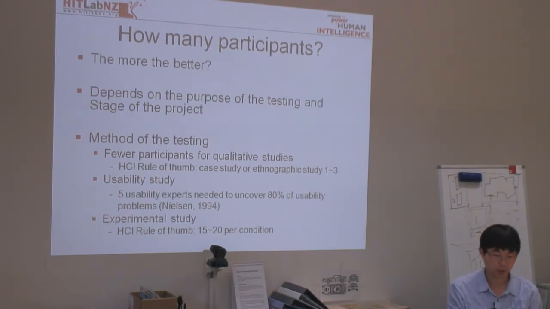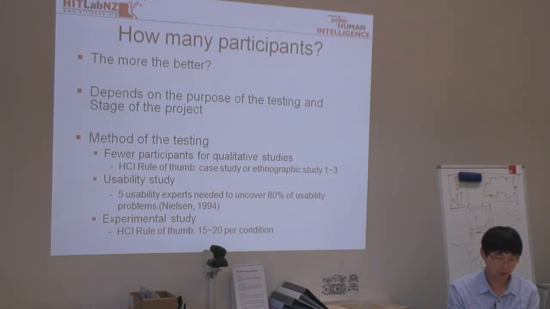So it's slightly different from academic research in HCI, focusing more on how to pick out problems or errors in your system. In that case, you do usability testing. Actually, that word should be usability testing, I guess, rather than a study. So it's usually said that 5 or more usability experts will find most of the problems.